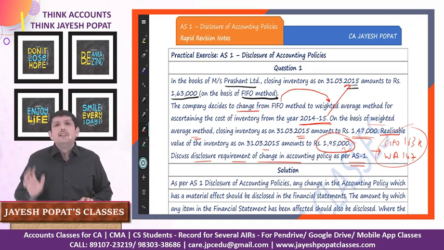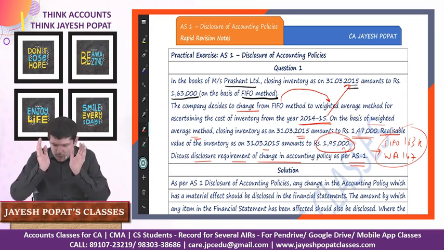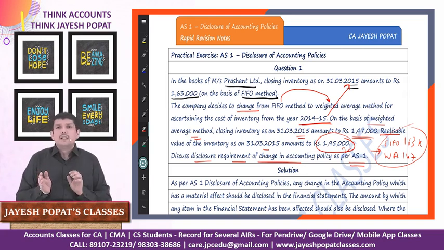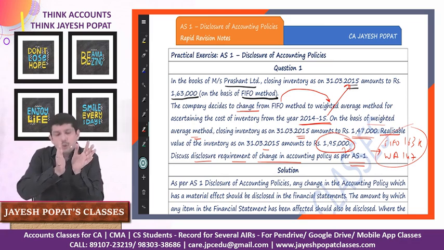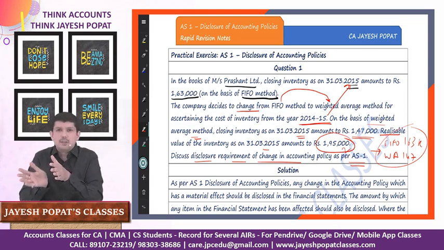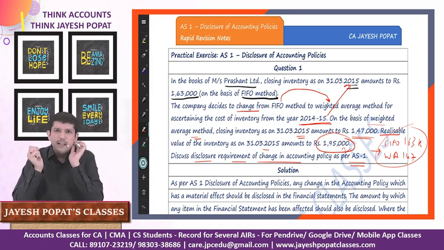First, before we draft the answer for this, you should always understand that such questions on accounting standards should be answered in three portions. First, you should write the relevant text from the accounting standard, that is, what is the requirement of the accounting standard. The second portion of the answer will be evaluation of the case which has been given to you. You will evaluate that case based on the requirement of the accounting standard which you have stated in the first paragraph.